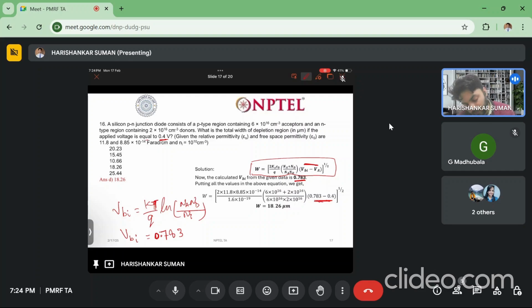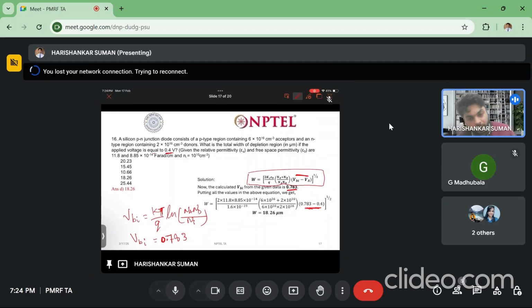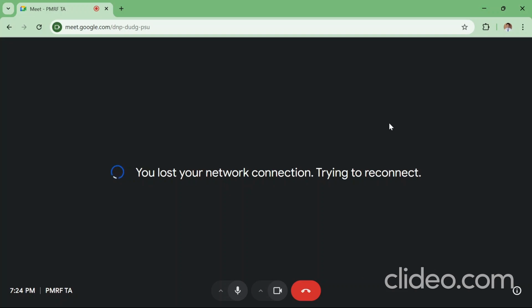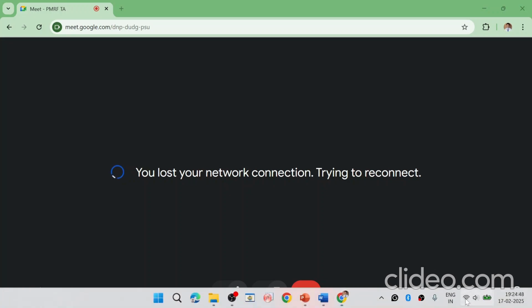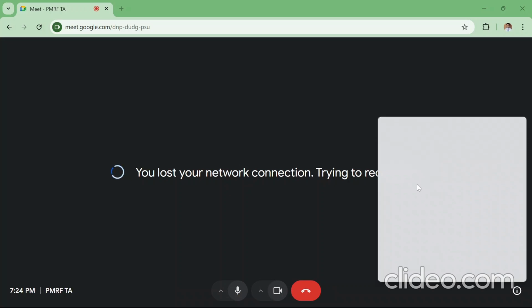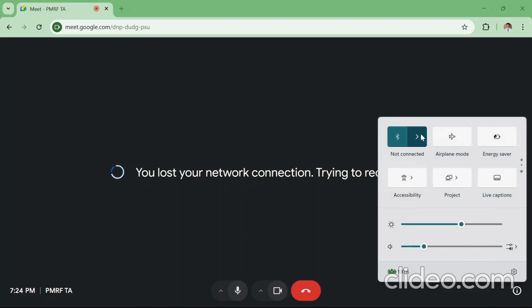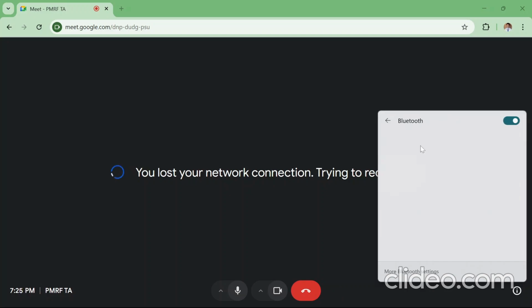If the applied voltage is in forward condition, in forward connection, what will happen to the network?